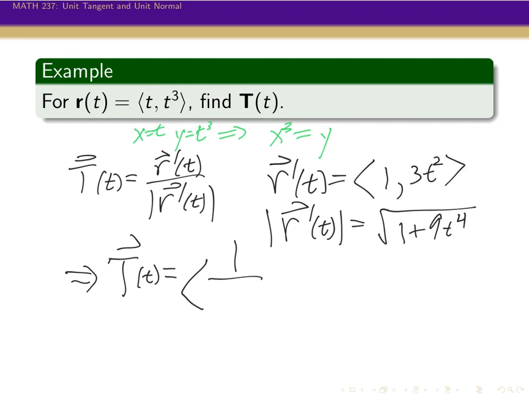It's going to be 1 over the square root of 1 plus 9t to the fourth for the x component. The y component is going to be 3t squared over the square root of 1 plus 9t to the fourth. Okay, and so that is our unit tangent vector.